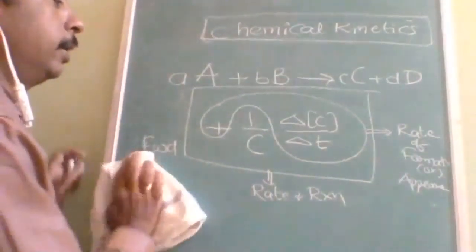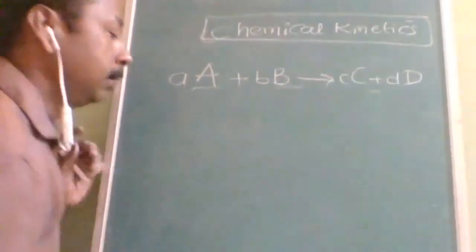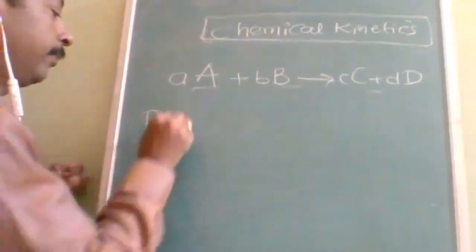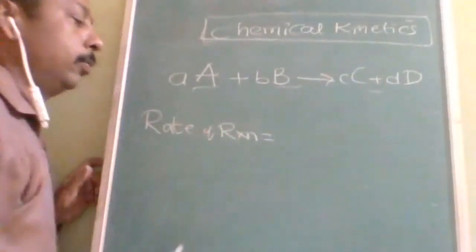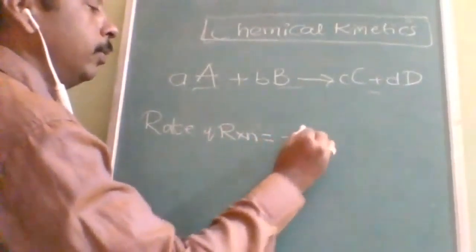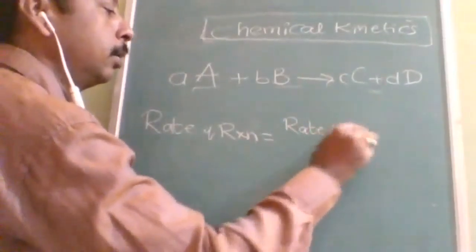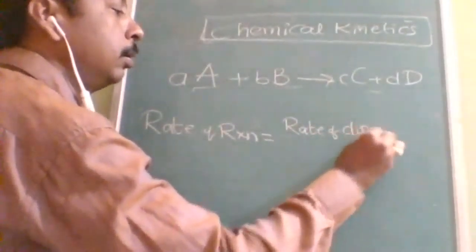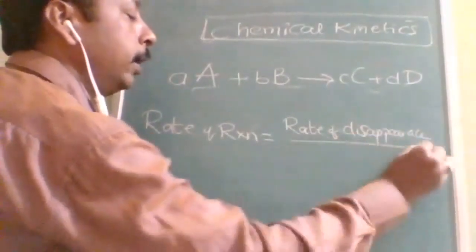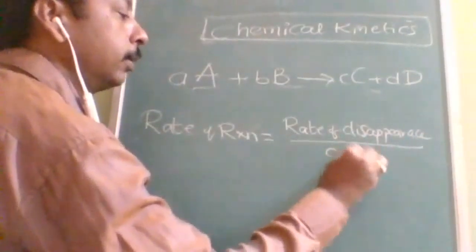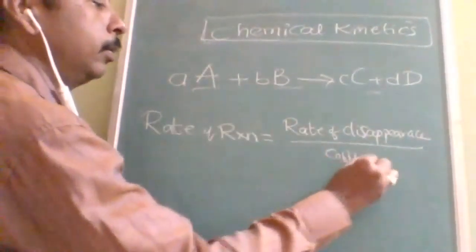Now we can make a general idea. So let us take the general idea: rate of reaction is equal to rate of disappearance divided by coefficient.